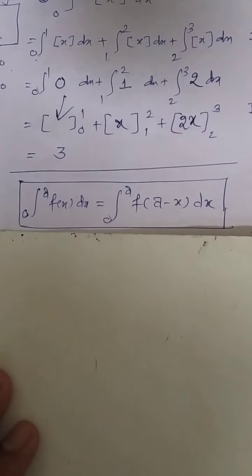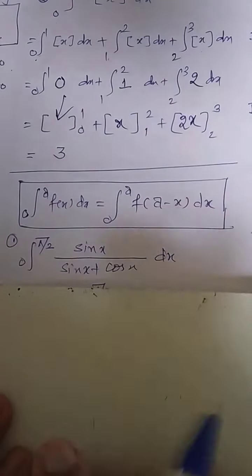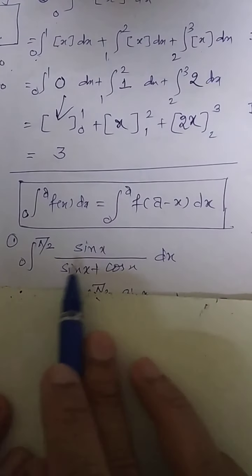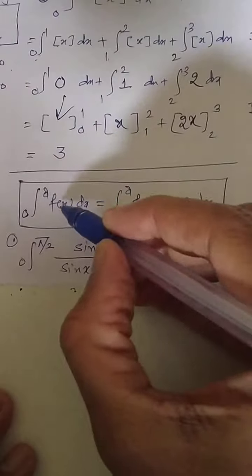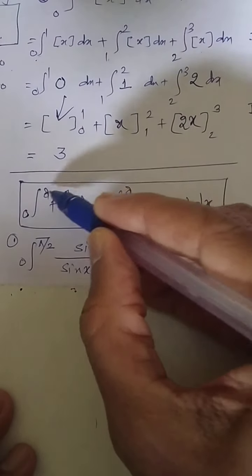Another property: integral from 0 to a of f of x dx will be equal to integral from 0 to a of f of a minus x dx. So now we are talking about this type of question. Let us look at this question, integral from 0 to pi by 2 of sin x upon sin x plus cos x dx. What is to be done? Listen here. You have to monitor this x and this function.